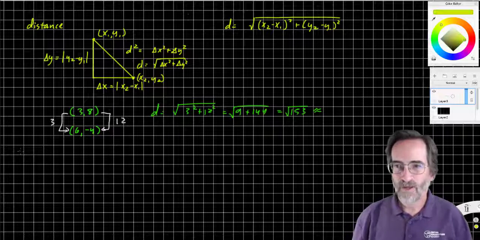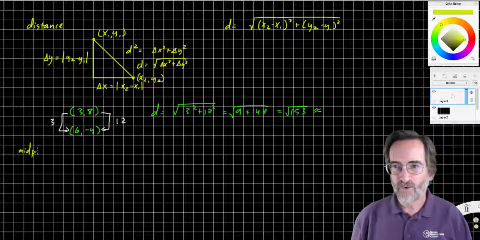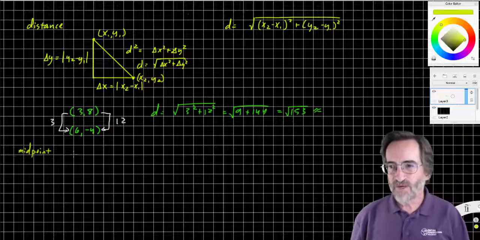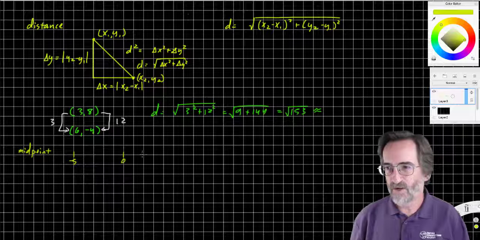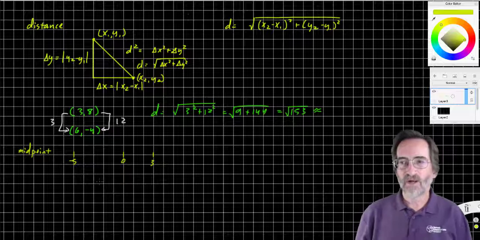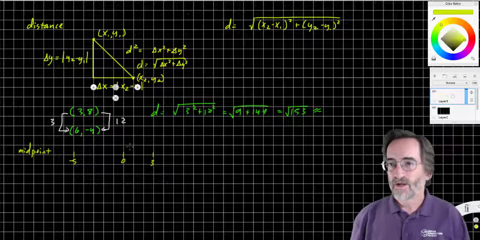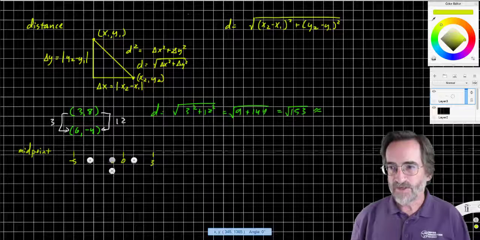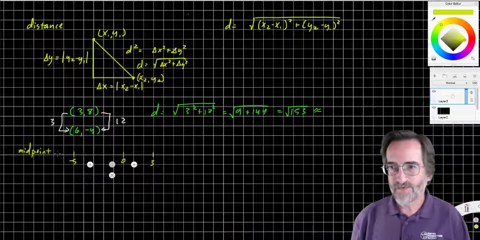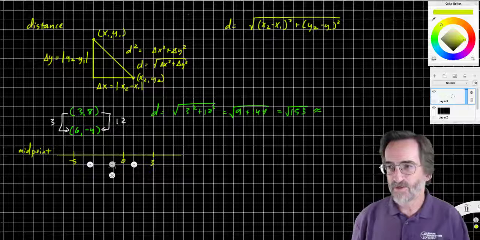Midpoint stands for middle point. If I have two numbers on a number line, like negative 5 and 3, and I want to find the midpoint between those two, I might be tempted to count the spaces between them. And that's a good temptation because it's logical to do so.